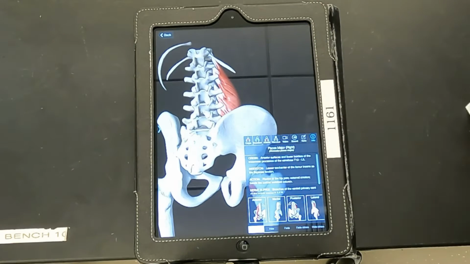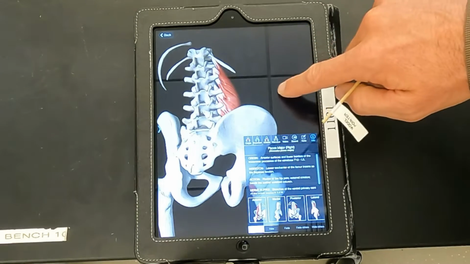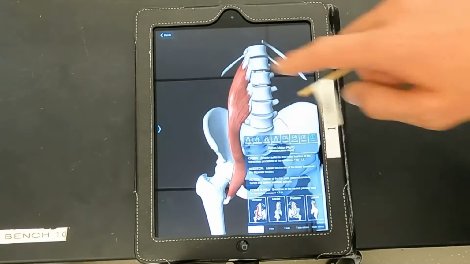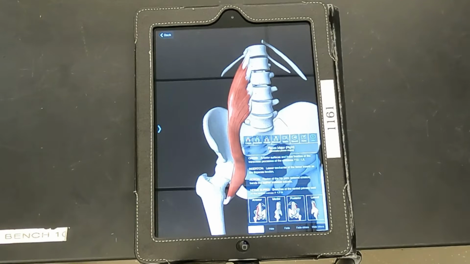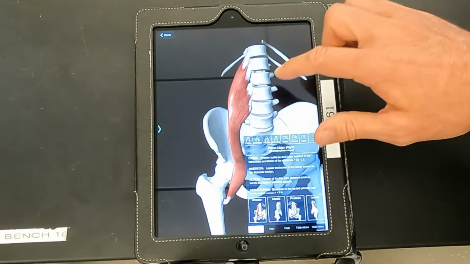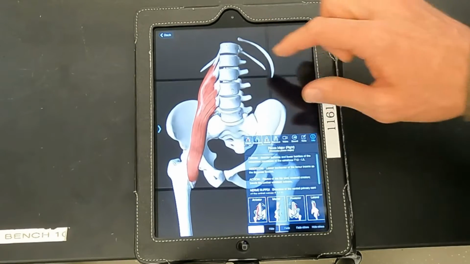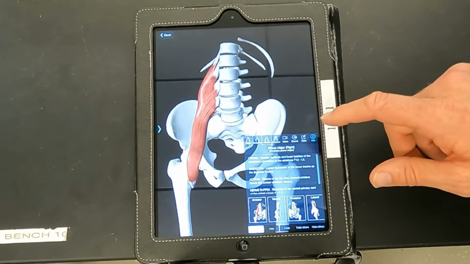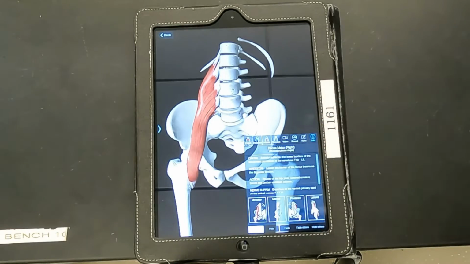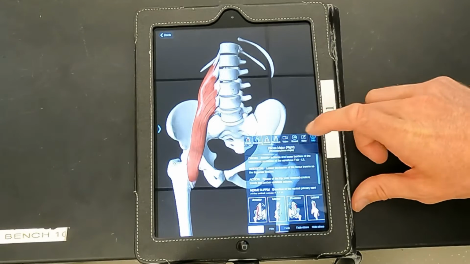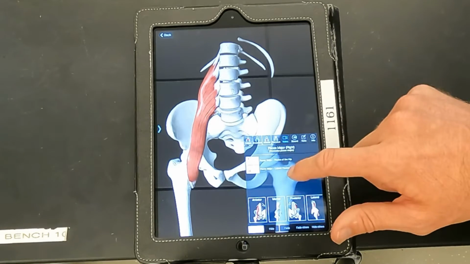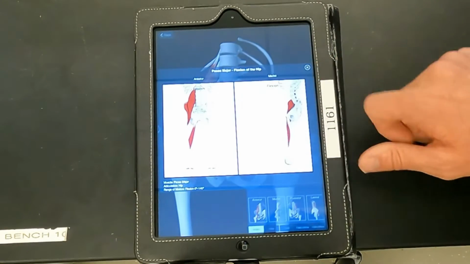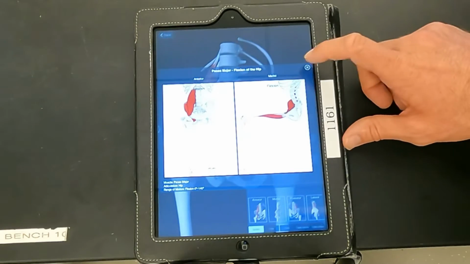The origin's on the lumbar vertebra. Guess what? If your psoas major is tight, then it's twisting on that lumbar vertebra. So another reason to stretch and to keep those hip flexors nice and stretched out. But again, the insertion point is down on the femur. And what's this going to do? Again, hip flexion.